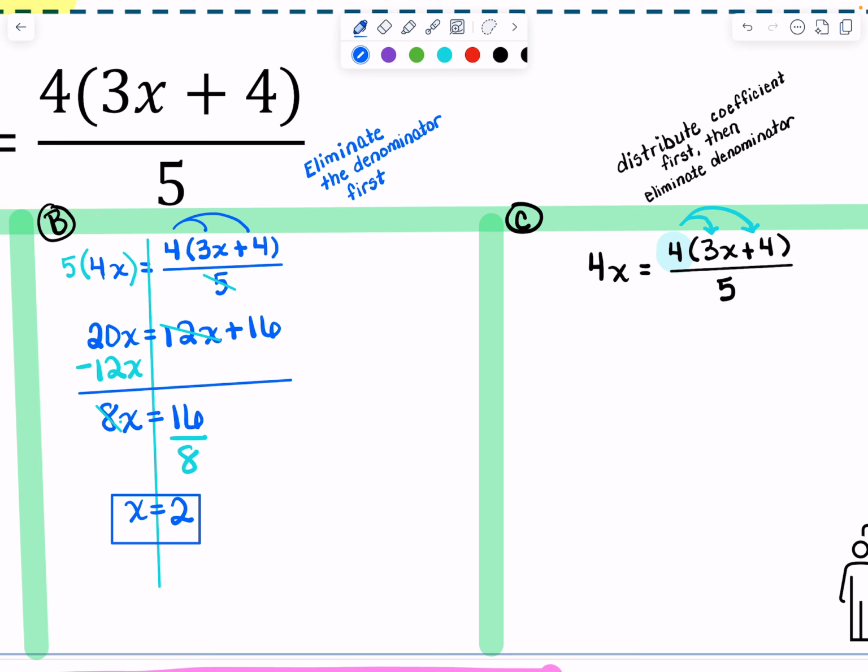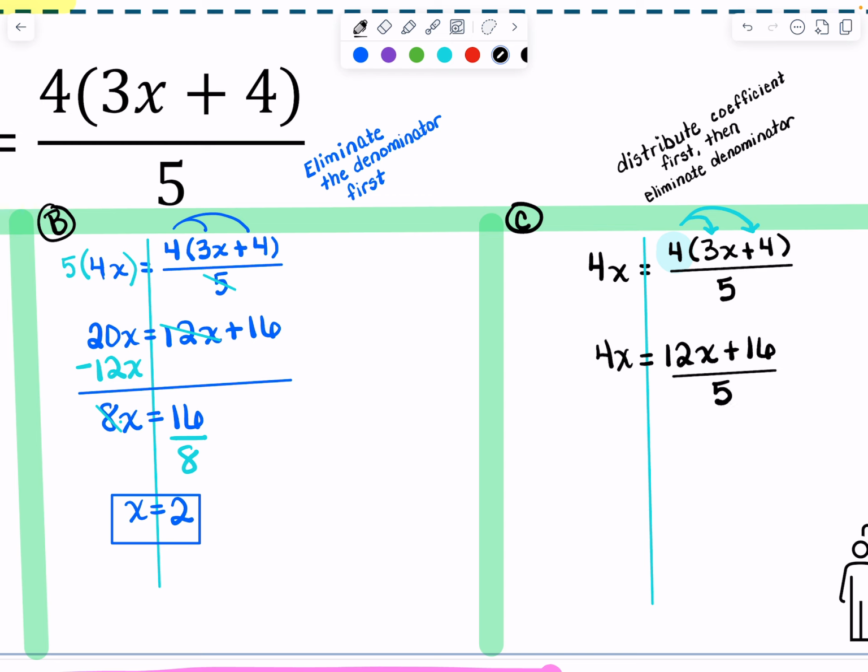I am going to draw that imaginary line right through my equal sign just to help me keep my equation intact. So I've got 4x equals 12x plus 16 divided by 5.